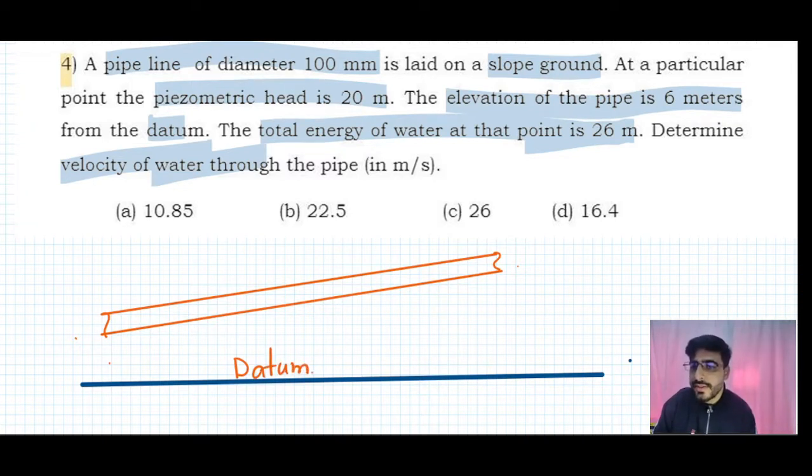The question says at a particular point, let's call this point as O, we have a piezometric head of 20 meters. That means if we insert a piezometer like this at this point, there will be some rise of water. This piezometric head is equal to the 20 meters, which is given in the question.